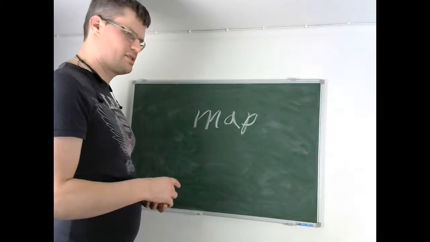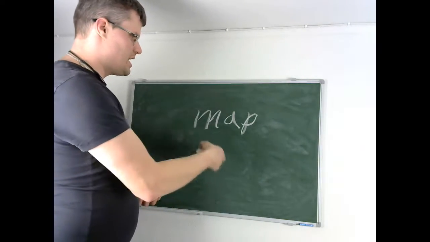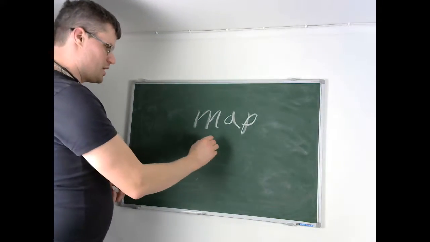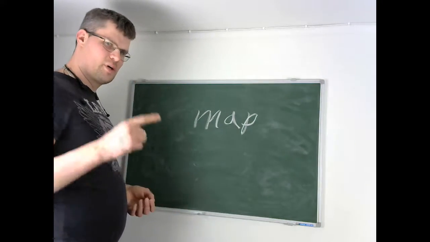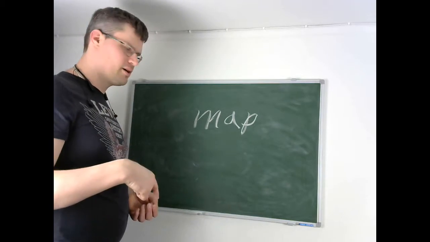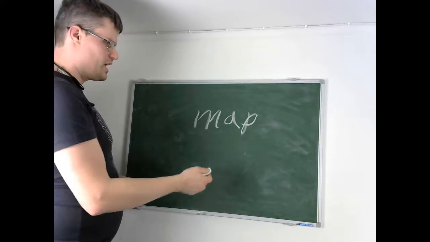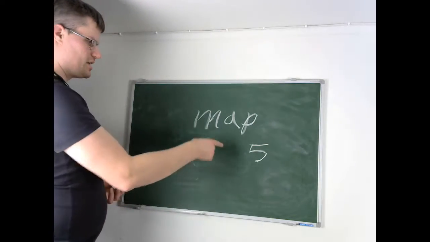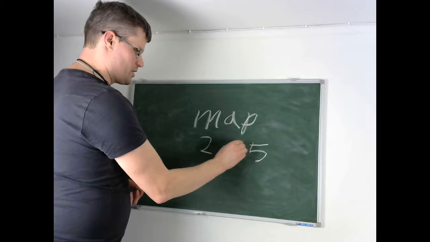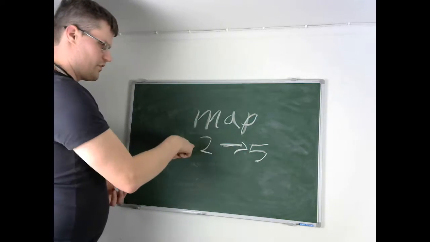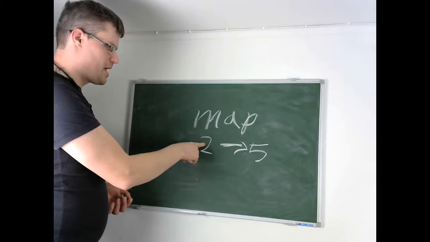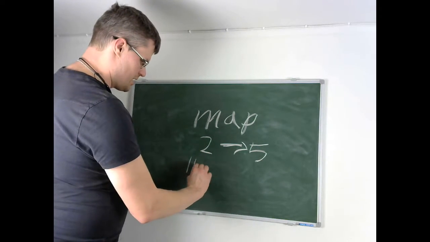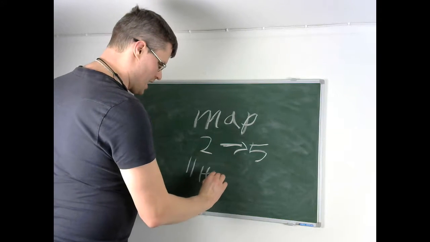Yeah, there's a few of them, but the key element of a map is that in a map you put something into a map, but you assign it a key. So, for instance, if I want to put the value 5 in, I can say that on position 2, I want a 5. If integers are my keys, but I can as well say that I have a key that is a string, "hi".